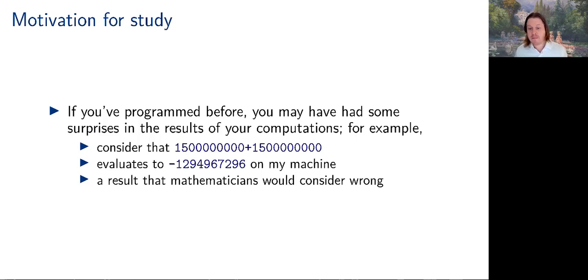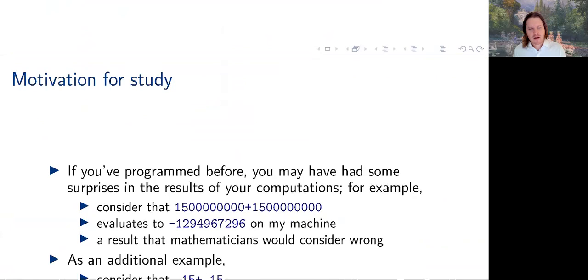This is a result that mathematicians would consider very wrong. And why am I observing it here? Well, what we will see is this is an implication of how integer values are stored within the memory allocated to our programs. And by the end of today's lesson, you should understand what is going on in this particular situation.